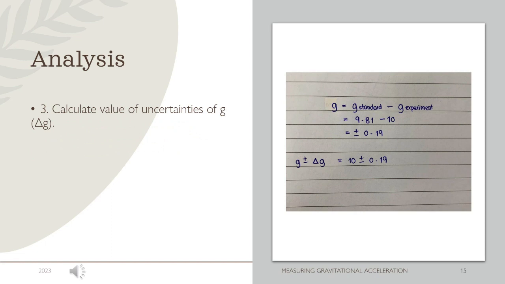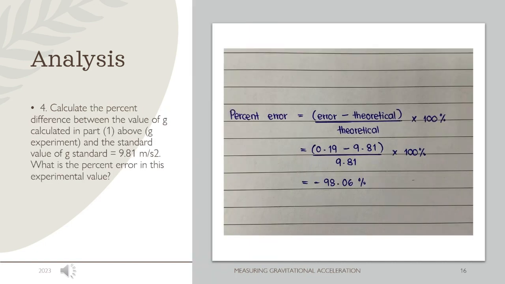The next step is we have to calculate the uncertainty of g. The formula is g equals g standard minus g experiment, and what we got is plus minus 0.19. The last step is we have to calculate the percent error in this experiment.